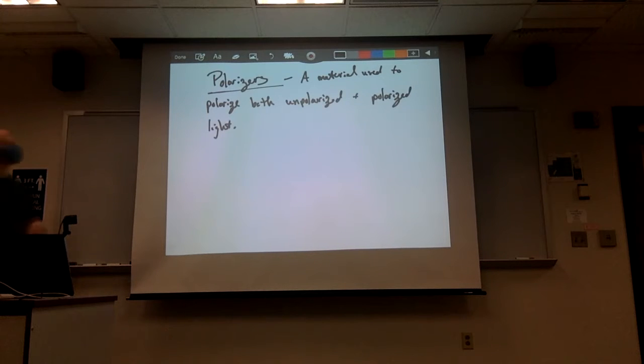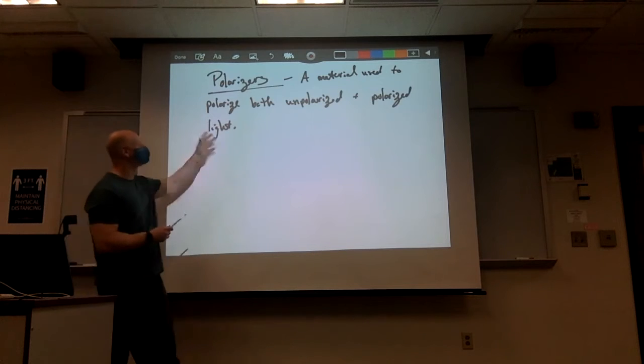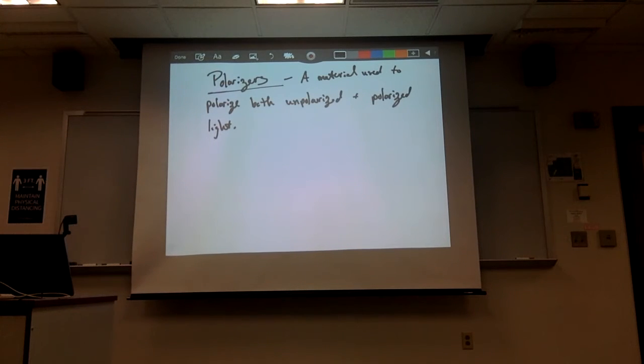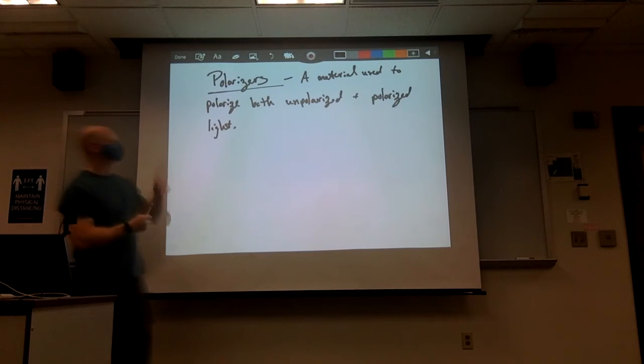So what do I mean by that? So what I mean by that is if I took unpolarized light and I run it through a polarizer, I will then polarize it in a particular direction. But if I have polarized light, which is already polarized in one direction, I can use a polarizer to then polarize it in a different direction. So I can actually rotate the axis at which it is actually oscillating about by simply using a polarizer.